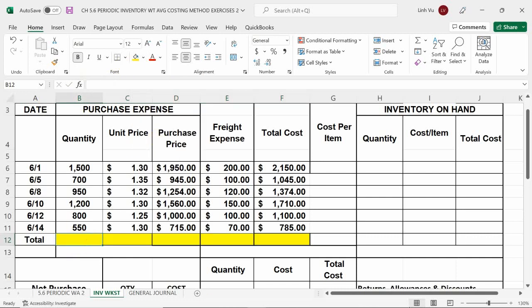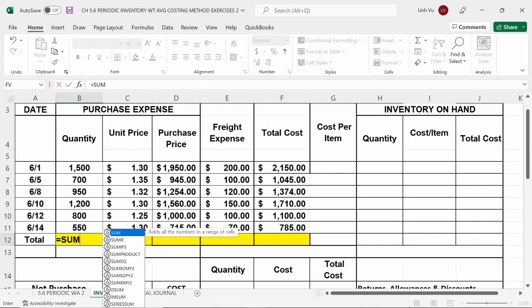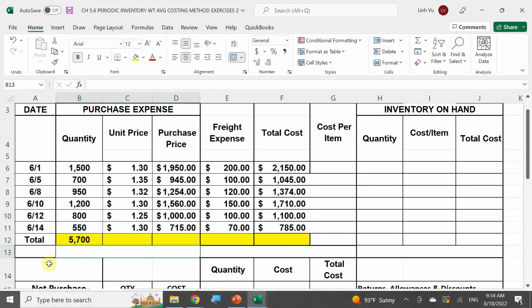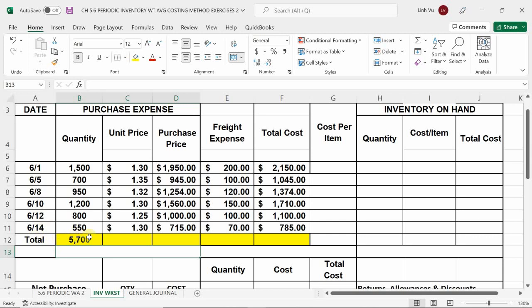What was my grand total quantity? 5,700. Okay.